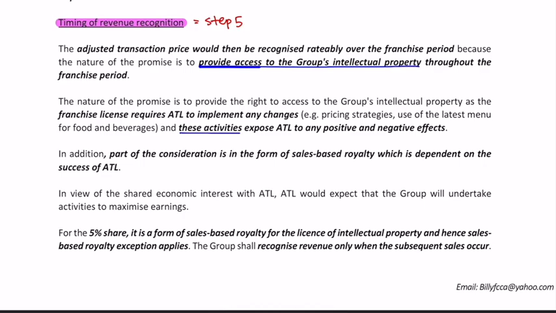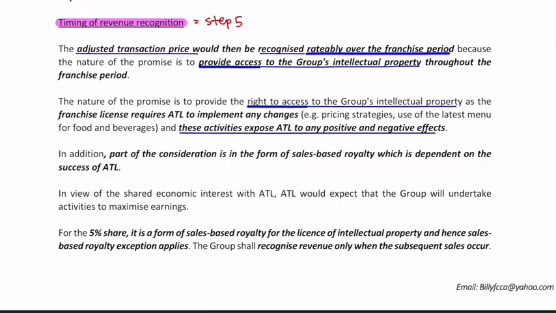This kind of activity will significantly affect ATL's interest. And remember, we said this activity is to maintain the brand name of the restaurant operations instead of providing services to the customer ATL. The 3 criteria are met. When the three criteria are met, this is in the form of a right to access the intellectual property. If it is a right to access the intellectual property, revenue should be recognized over time.